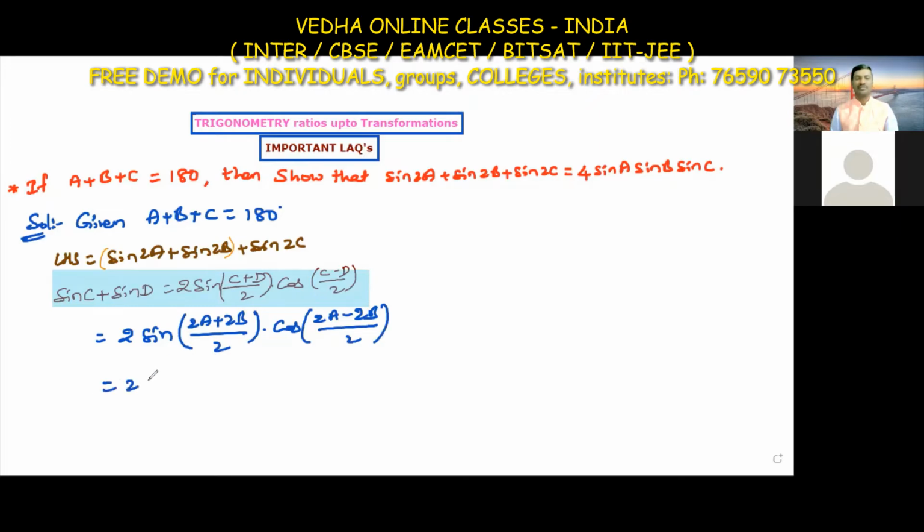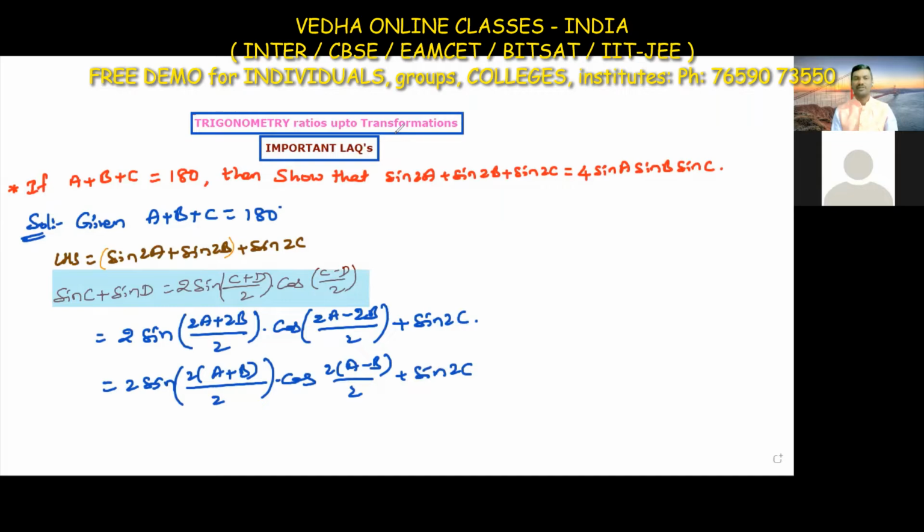Now this is equal to 2 into sine of, taking 2 common, (A plus B), and one more term we have, plus sine 2C. Write that sine 2C as it is, no change in this. Taking 2 common in the numerator, 2 into (A plus B) by 2, into cos of 2 into (A minus B) by 2, plus sine 2C.